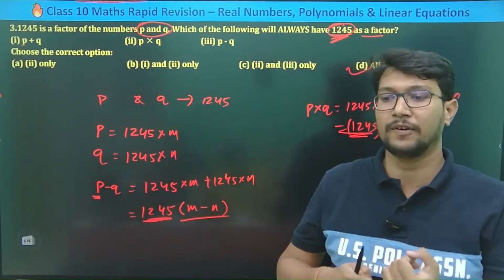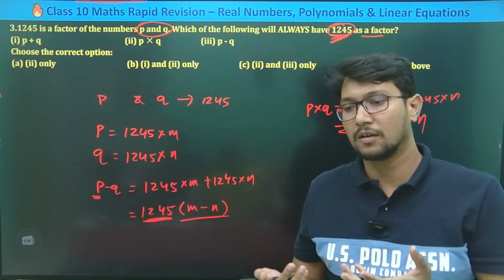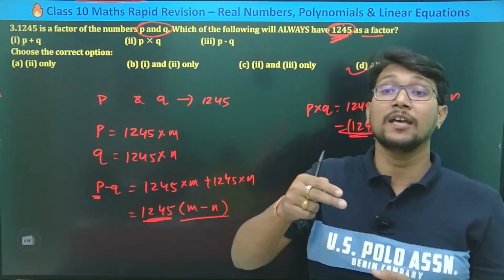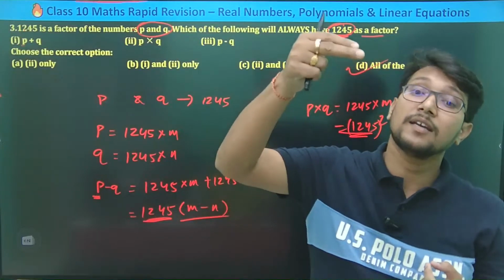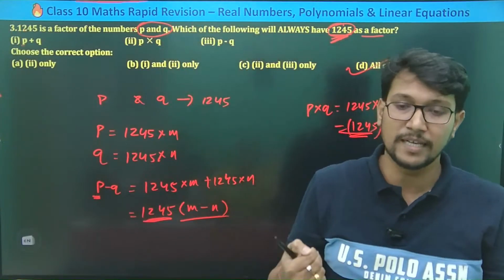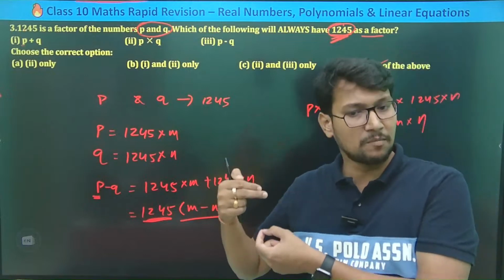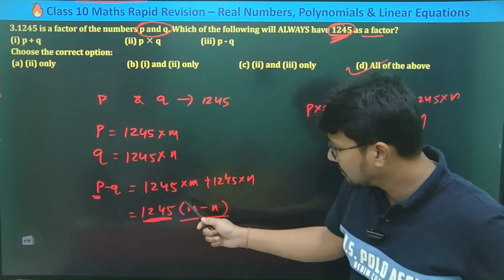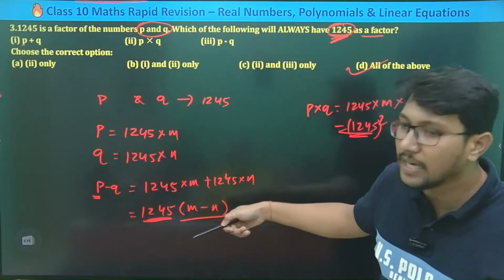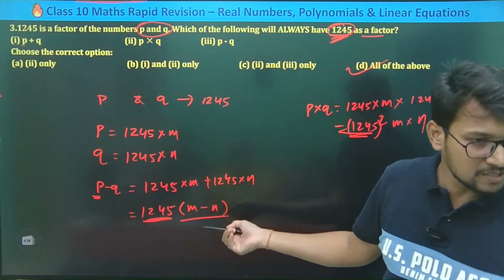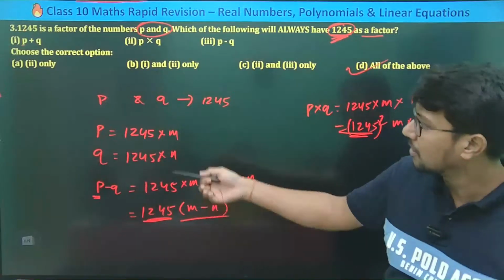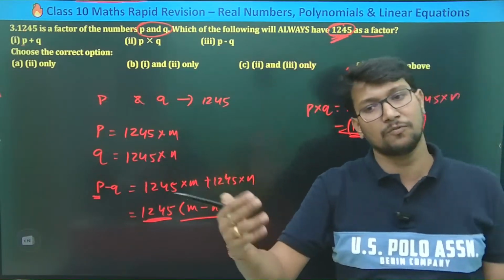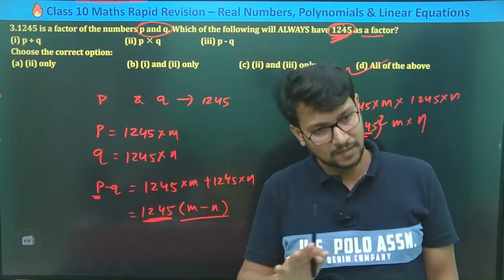Options are 12, 15, 20. 5 is a factor of 15 as well as 20, because 20 is a multiple of 5 and 15 is a multiple of 5, but 12 is not a multiple. Similarly, P plus Q, as you have seen, will come as 1, 2, 4, 5 into M plus N. Therefore, P plus Q is a multiple of 1, 2, 4, 5. That's why 1, 2, 4, 5 is a factor. Got it?